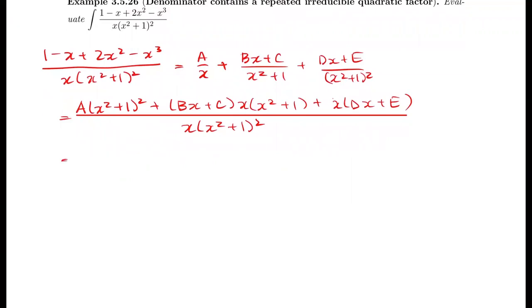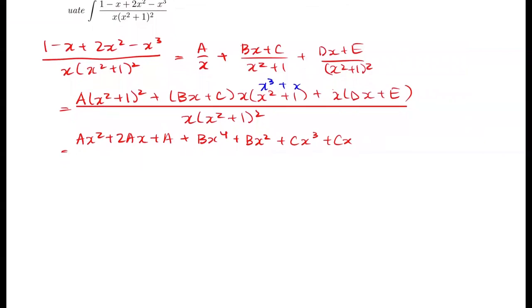So now, just expanding this, we would have ax to the fourth plus 2ax squared plus a for the first one. The second one will have x cubed plus x, so let me just go ahead and use the FOIL method. We would have bx to the fourth plus bx squared plus cx cubed plus cx.